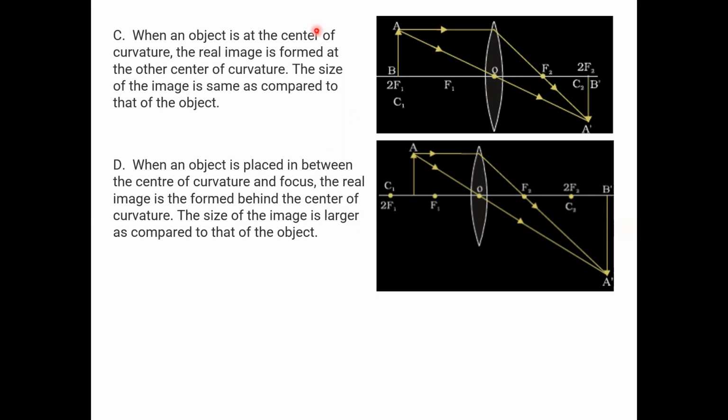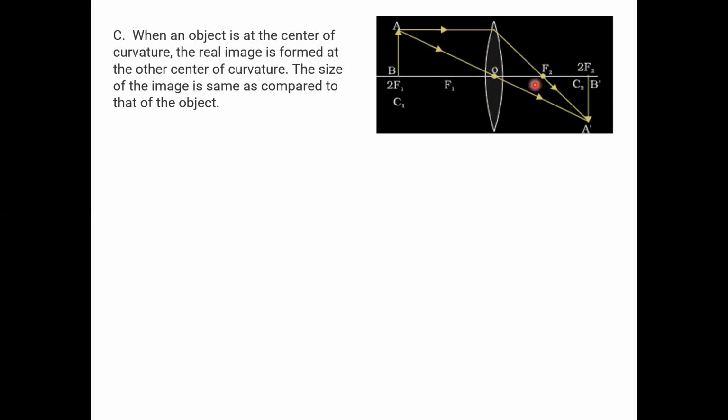In previous case, that is from A to C case, you see that in all cases you will get a real and inverted image, but the size of the image is smaller. And when your object is placed at center of curvature, you will get an image at another center of curvature, and in this case the size of the image is same.